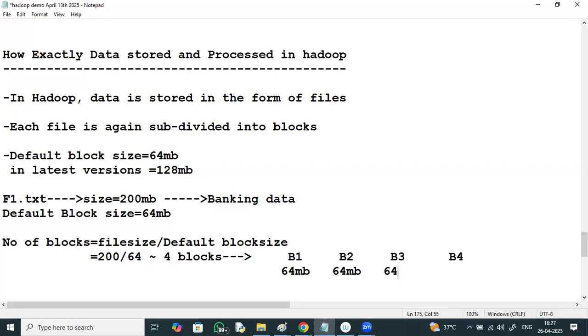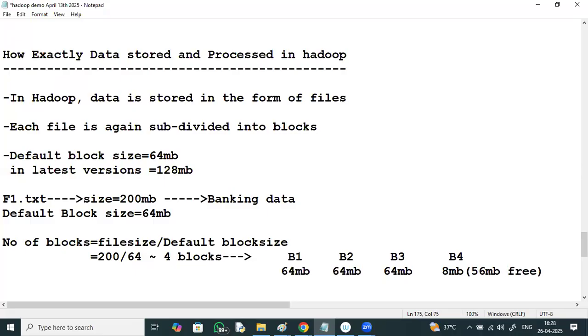B3 also 64 MB. 64, 64, 64 makes 192. B4 has only 8 MB, with 56 MB free.